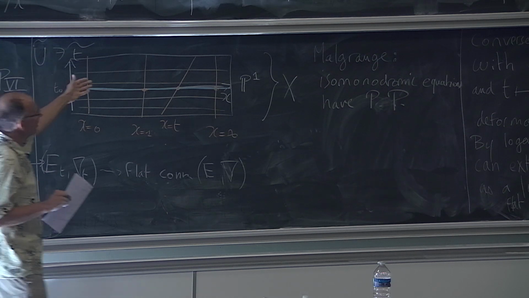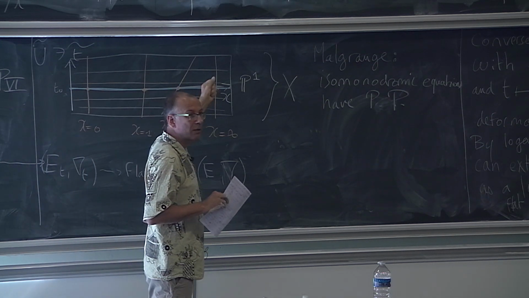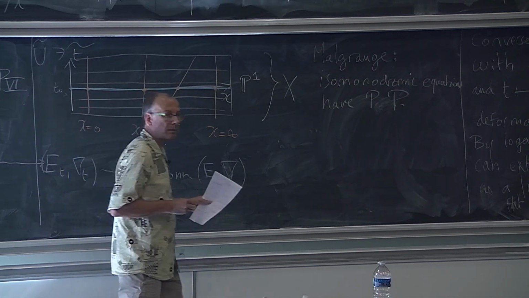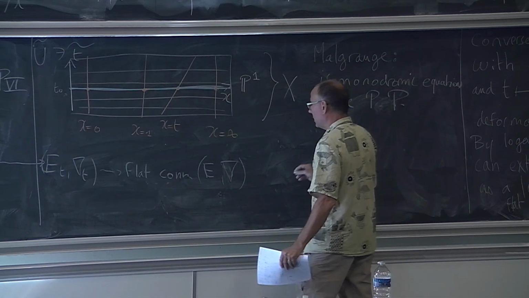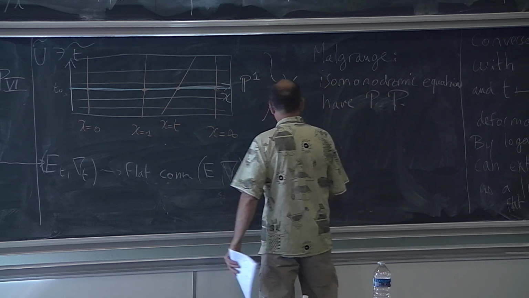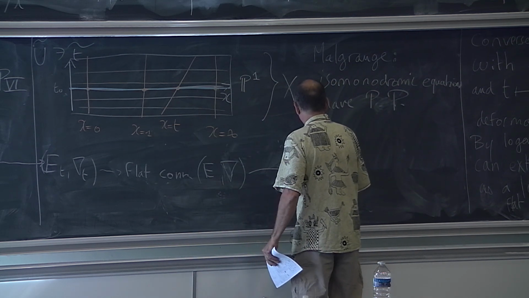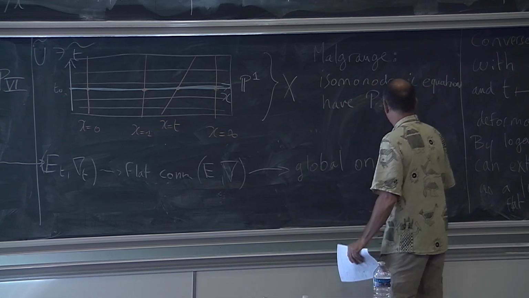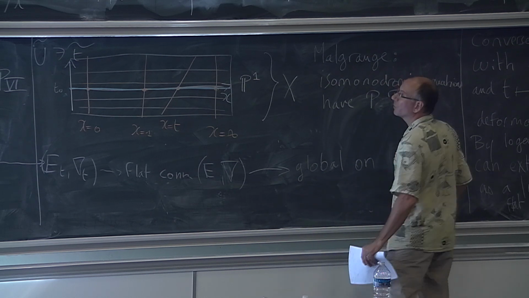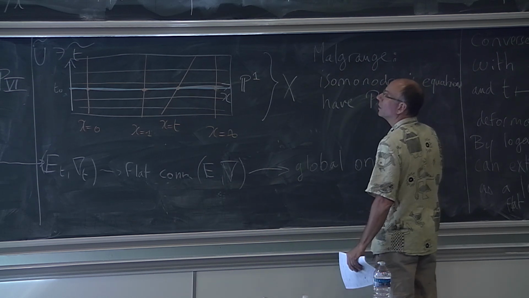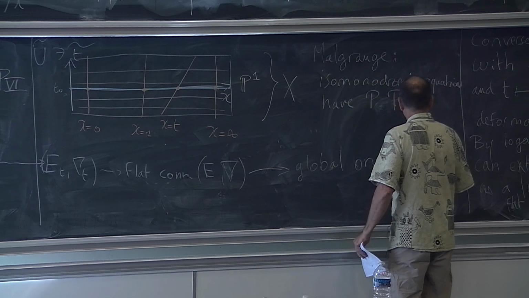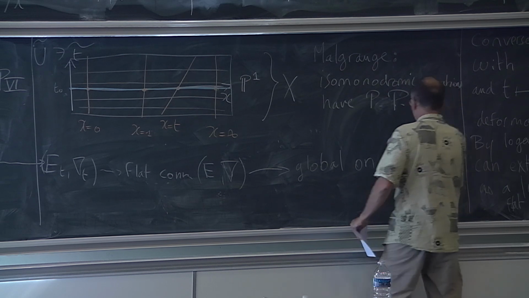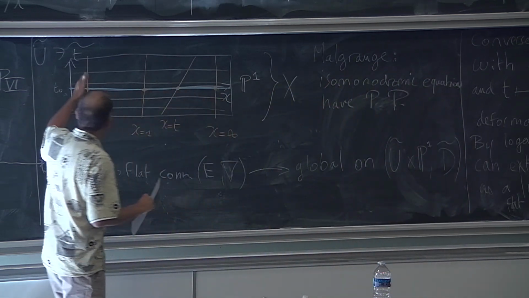Again, you can apply on this the logarithmic Riemann-Hilbert correspondence and construct the flat connection globally. So what you will have is a flat connection which will be global on the universal cover U tilde times P1 with, let's say, D tilde, which is a convenient divisor.